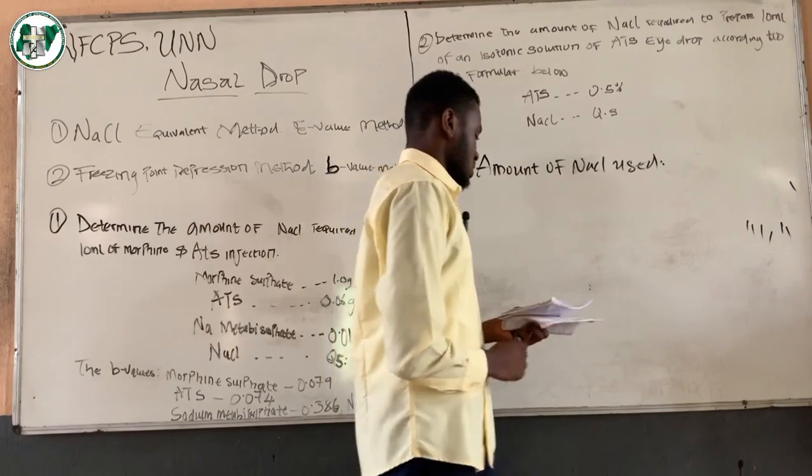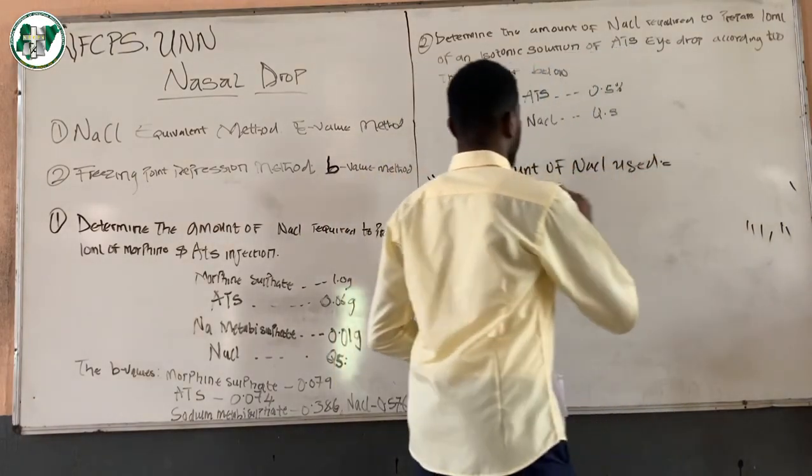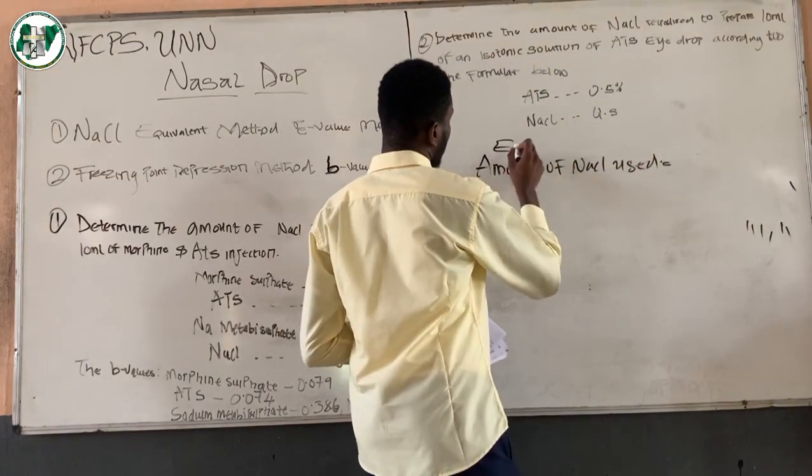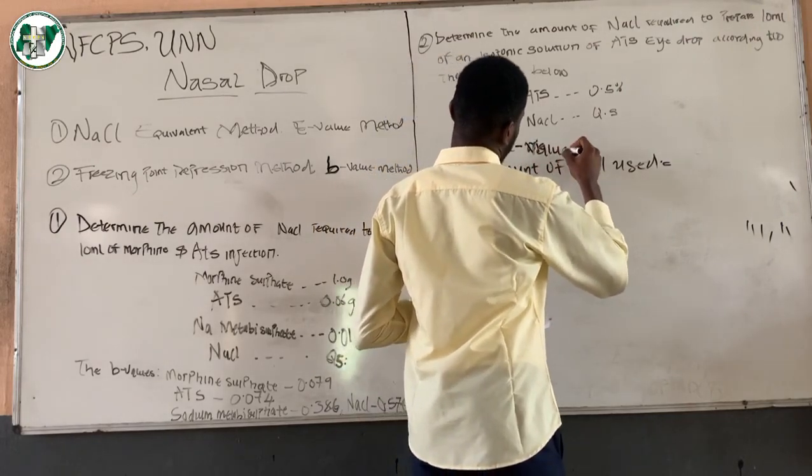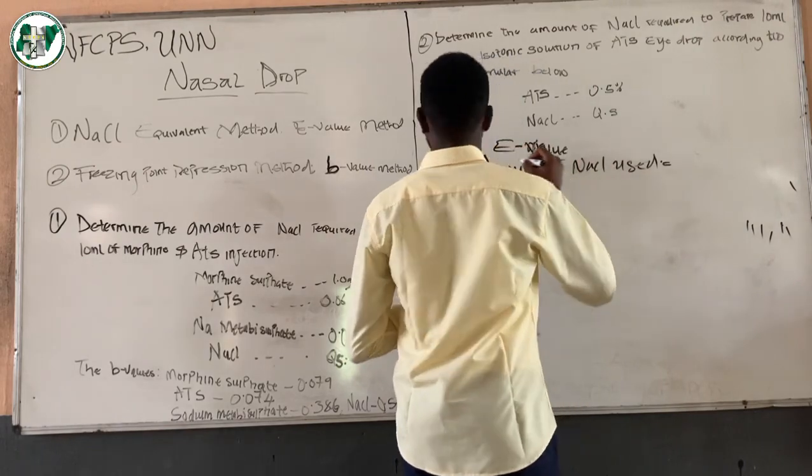This formula is written as this. We're talking about the E value method here, which is the sodium equivalent method.